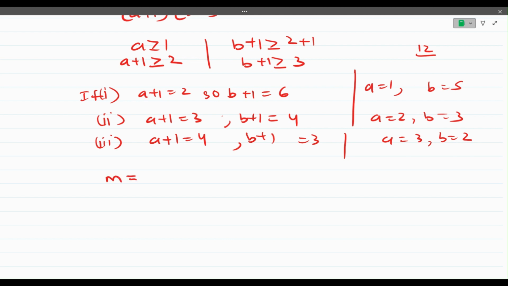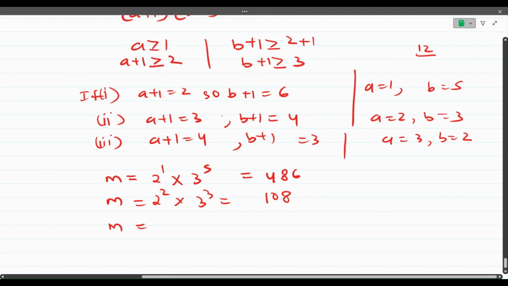So we can say m is equal to, in the first case, 2 to the power 1 times 3 to the power of 5, and that gives you 486. Or we can say m is equal to 2 to the power of 2 and 3 to the power of 3. That's 27 times 4, that's 108.